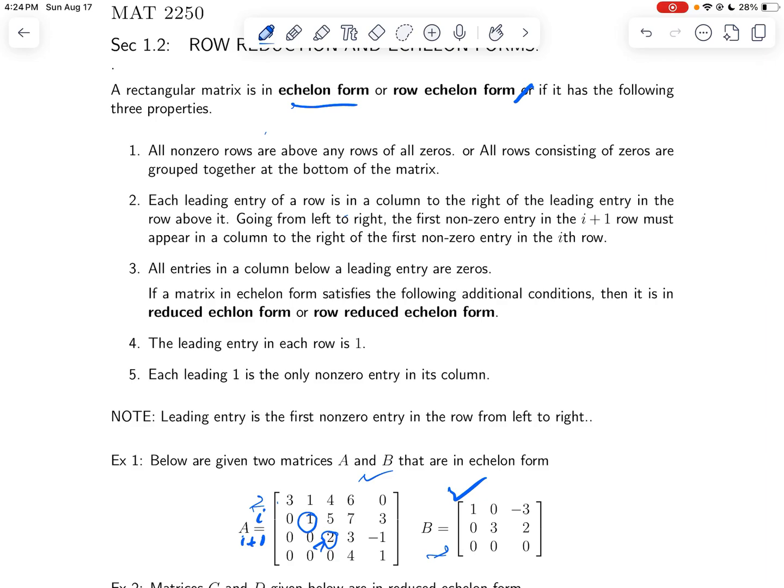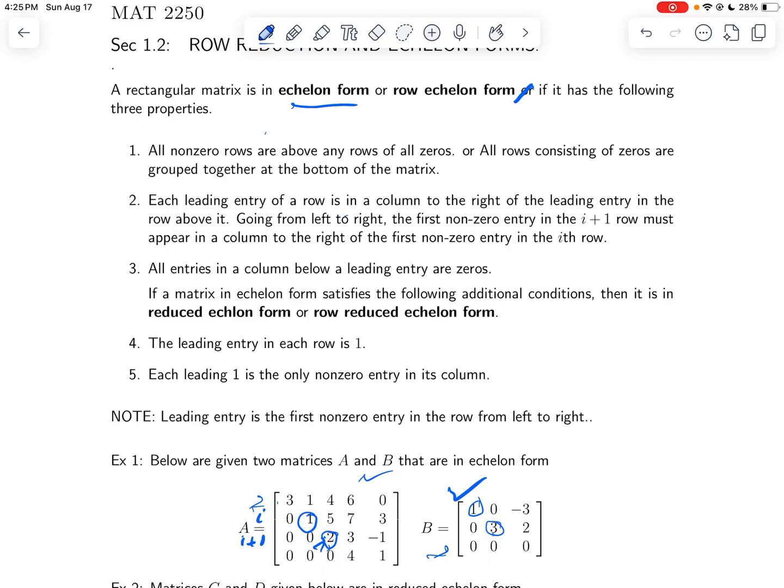So you can see it is in the column to the right. Same thing over here. The first non-zero entry in the first row is 1. The first non-zero entry in the second row is 3, and it is in a column to the right of the first column.